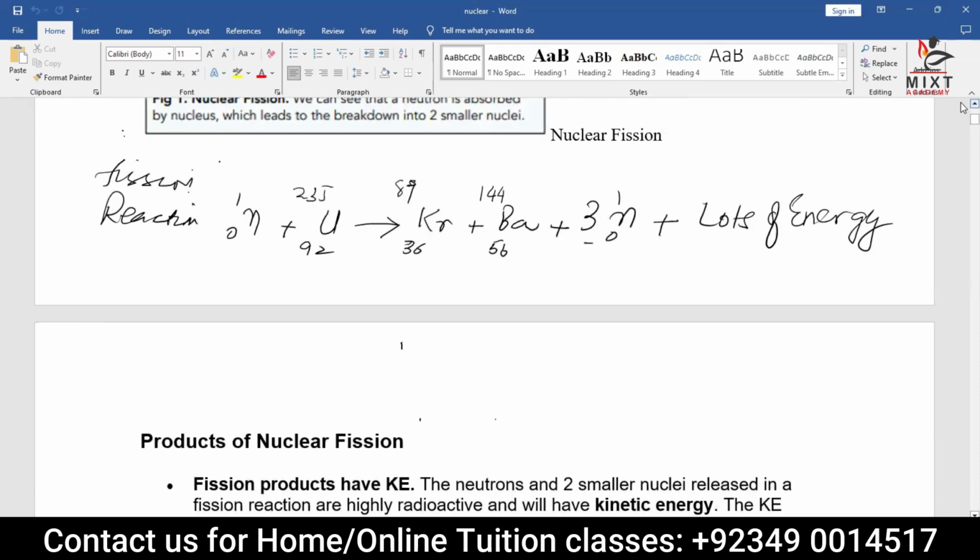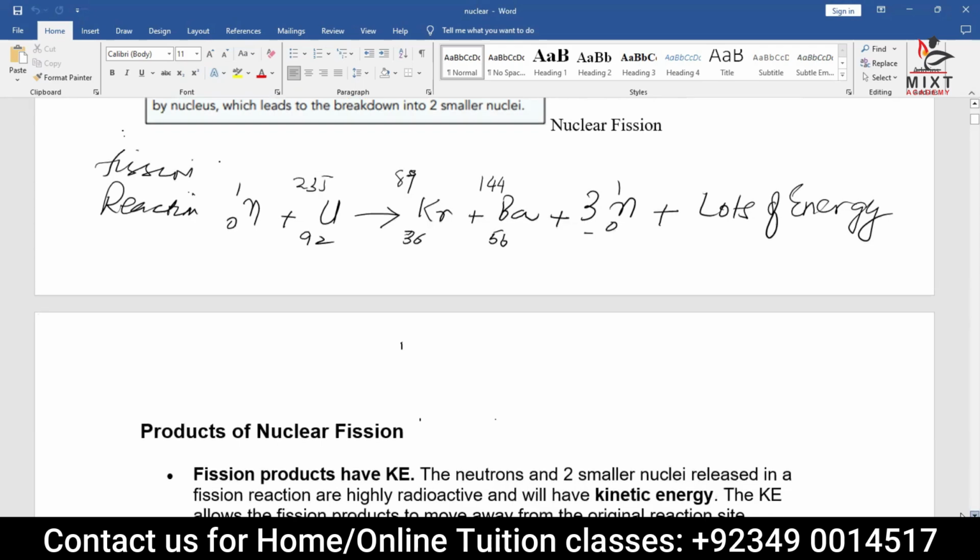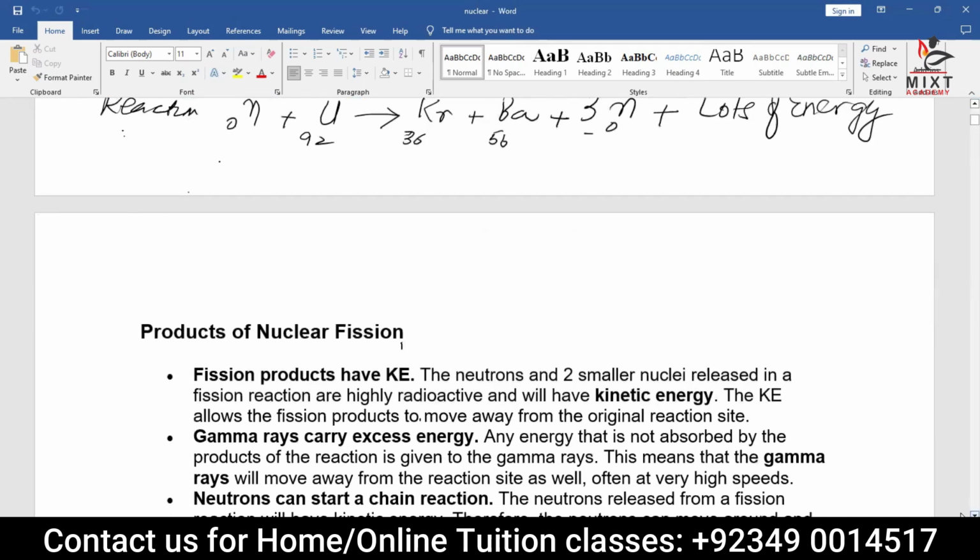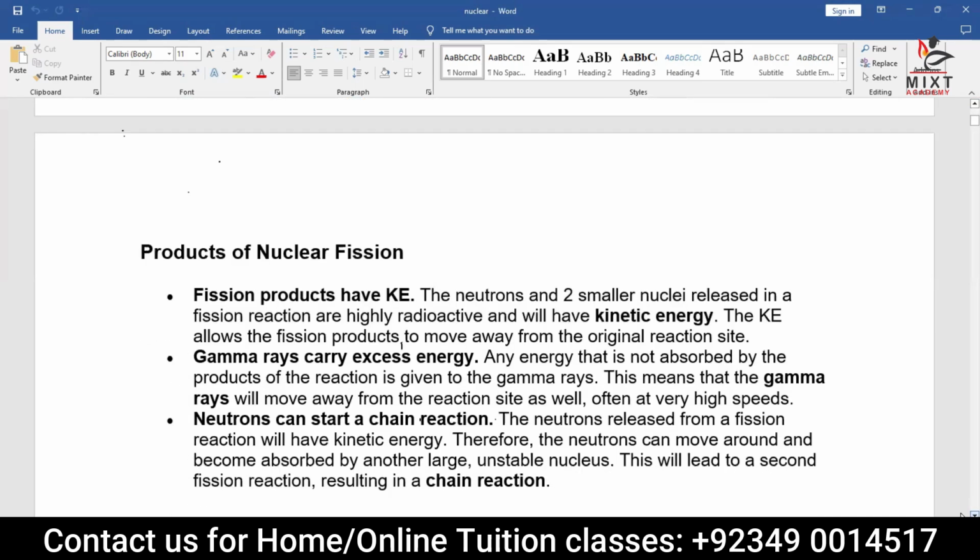Lots of energy can be used for so many purposes, while the three neutrons can further go into fission reactions and perform a chain reaction. So write in your own words what the products are. And one more thing: when you say lots of energy, remember you're talking about the gamma rays with the excess amount of energy. Yes, Manu, have you written?